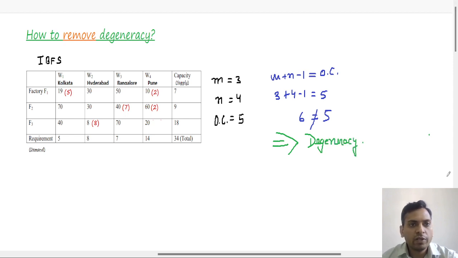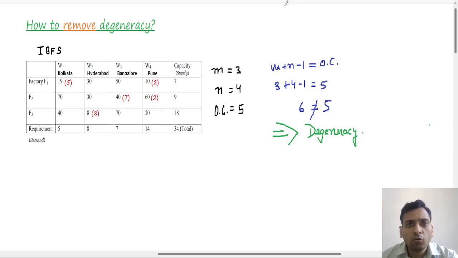So we will remove degeneracy from this problem to apply SSM and MODI method. To remove degeneracy, we need to search for the least dependent cell. So first we will see the dependent cell.